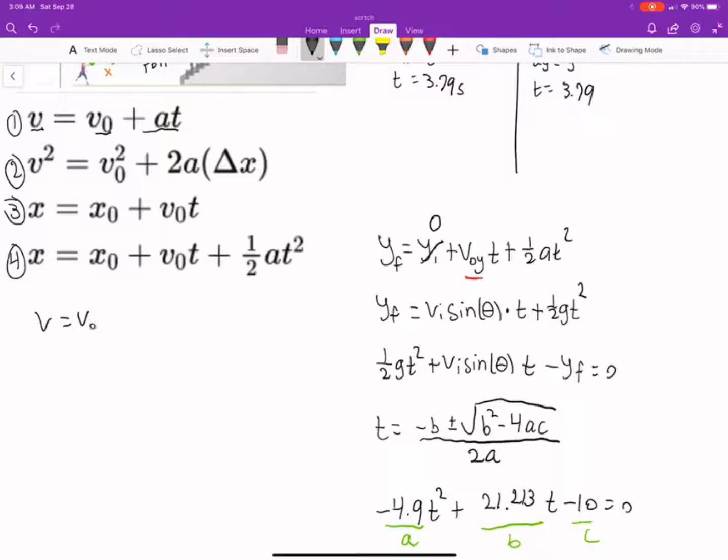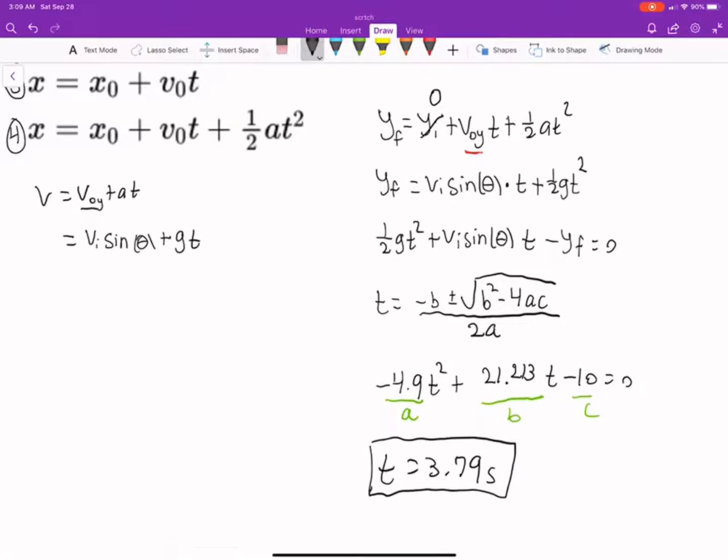V equals v naught plus at, which is going to be v initial sine theta, right? That's our y component, plus g times t, which we just solved for. So let's go ahead and plug that in. V naught, so 30 sine of 45 minus 9.81 times our time of 3.79.